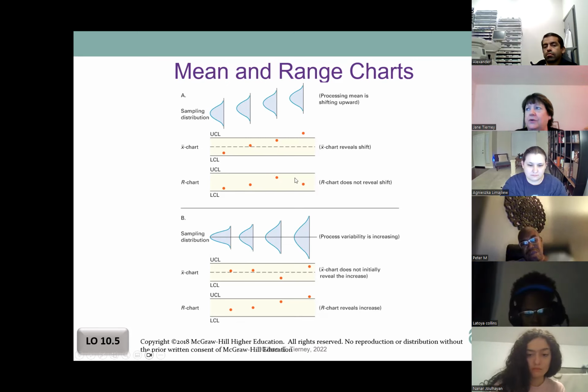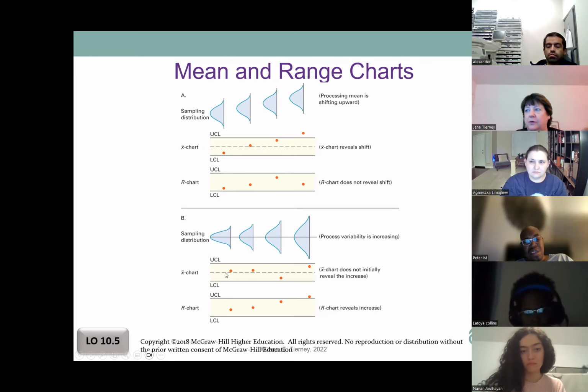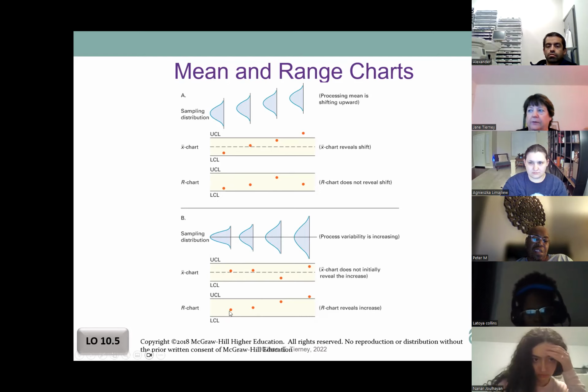But our range is okay. Now, in this case, we're looking at the X-bar chart and it says, hey, this looks good. We're staying within the control limits, no problem. But look, our range is having that problem where we're getting bigger and bigger range measurements with each sample. So this is increasing.